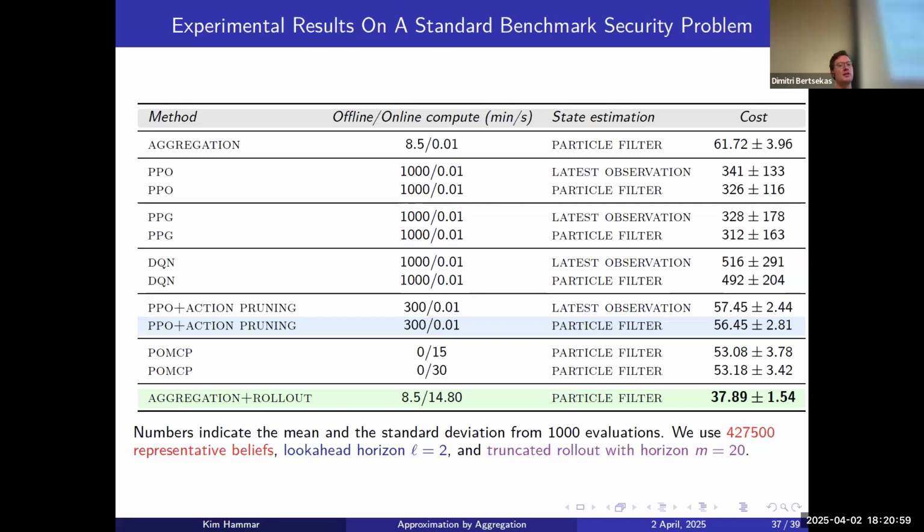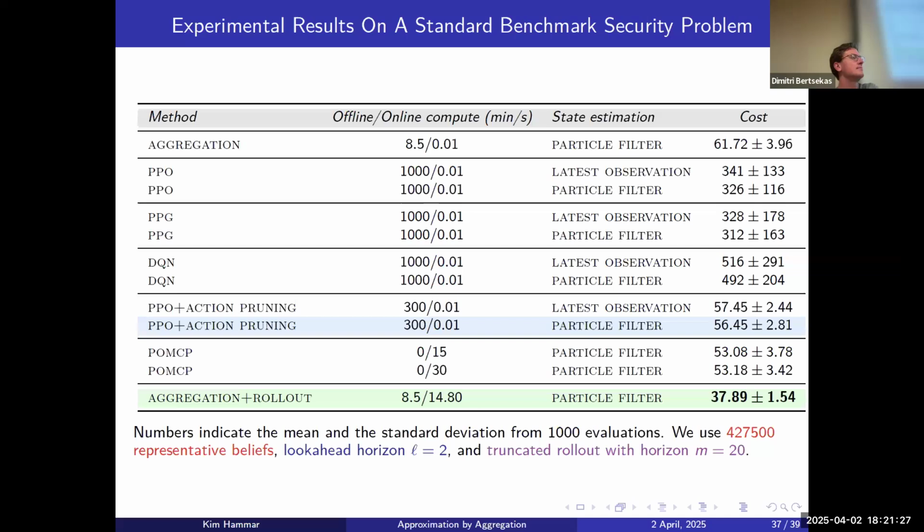And they also typically use a discount factor inside it. So it's not really the policy gradient, but it's a variant of it that works well on some problems. And if you do action pruning, then it works quite well on this problem as well. But if you don't do action pruning, you get very bad results. So if you just take it off the shelf and run it on this problem, it doesn't work very well.